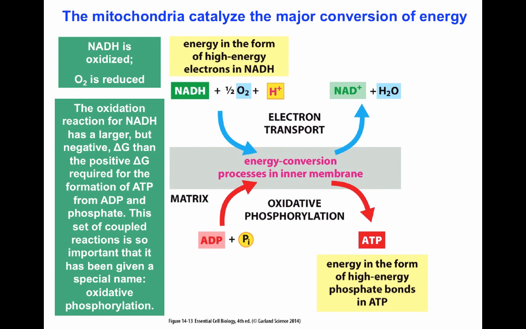So what we're going to see is the coupling of the oxidation reactions at the electron transport chain to provide the energy for ATP synthesis through oxidative phosphorylation. This is a particular case in which both reactions are coupled, and the end result is the generation of an ATP molecule, which has high energy in the form of a phosphate bond.